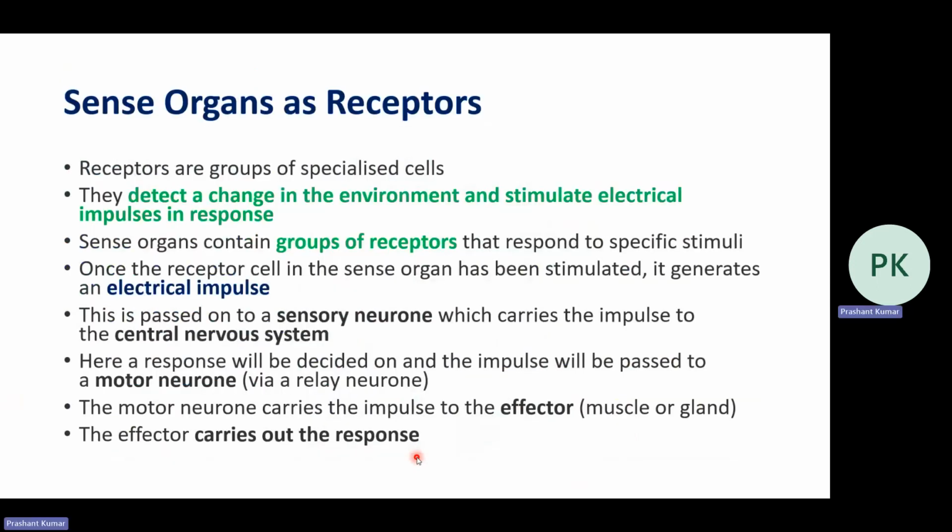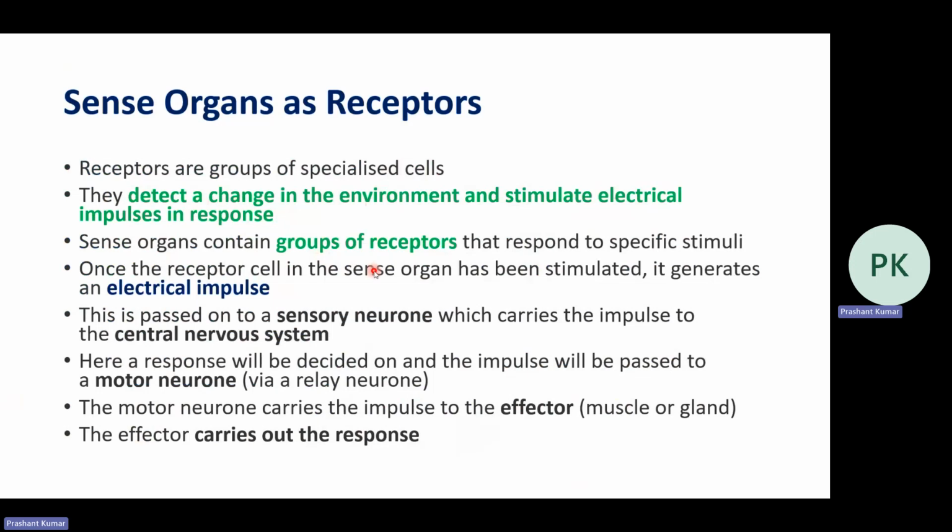Sense organs contain receptors. Receptors are groups of specialized cells. When we say specialized cells, the meaning is they do one function. And what is the function? To detect a change in the environment and stimulate an electrical impulse and response. So a sense organ contains a group of receptors that respond to specific stimuli, right?